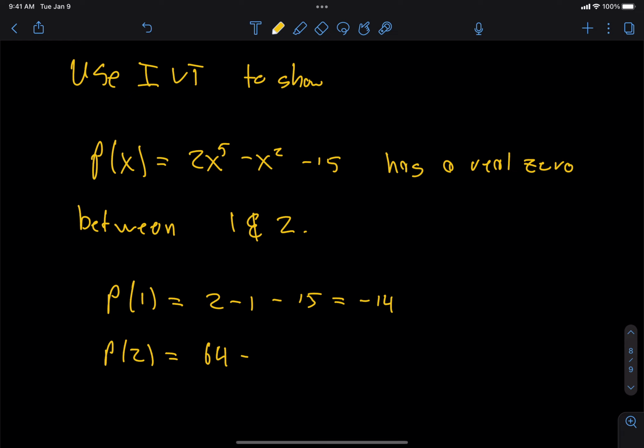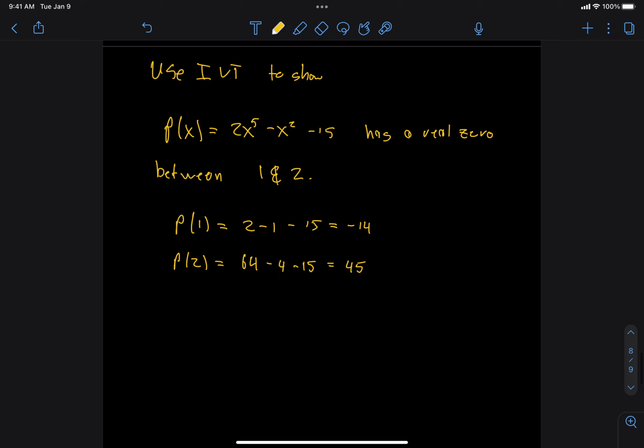Then minus 4, and then minus 15. So I take away 19. Or I make it 60, take away 15. I think that's 45. Am I right about that? Yes. Okay, so that's 45.